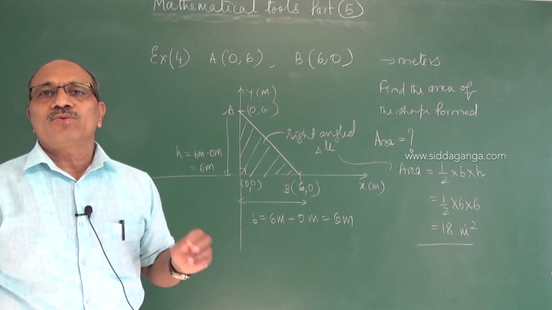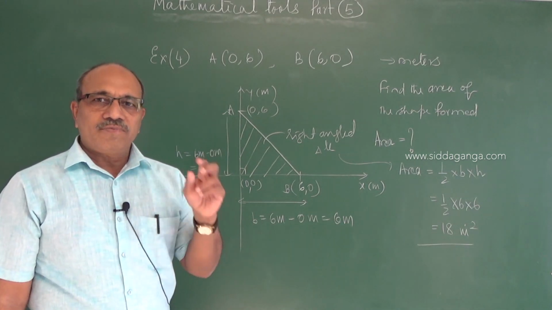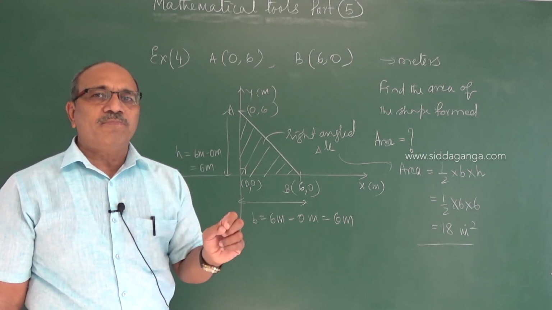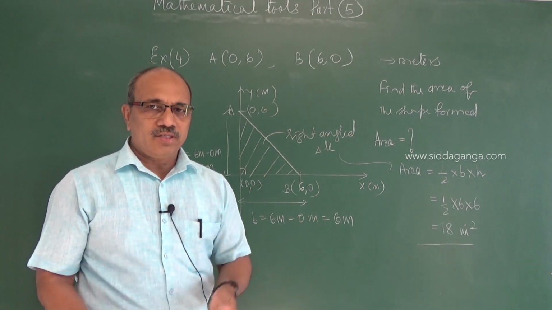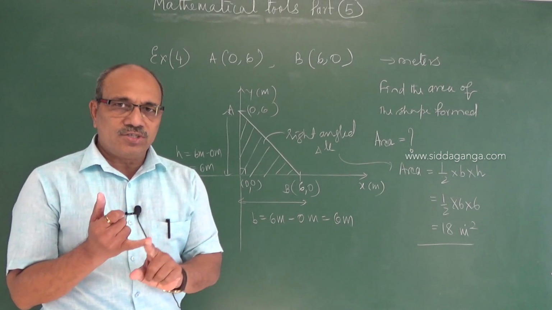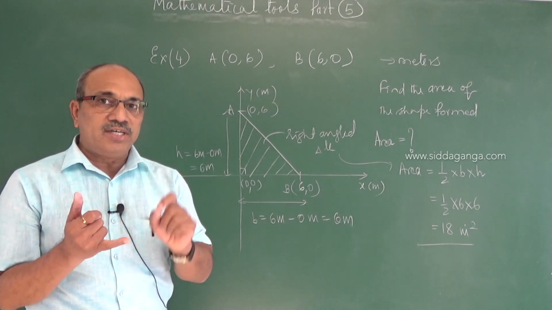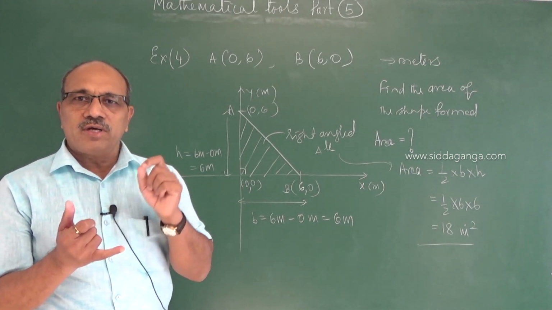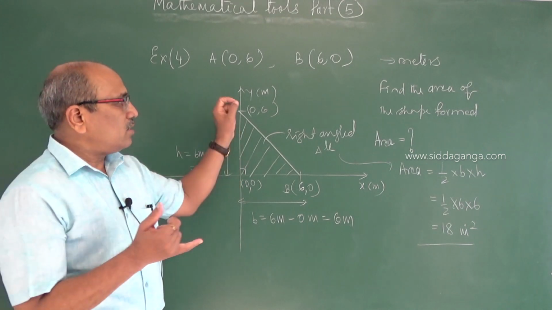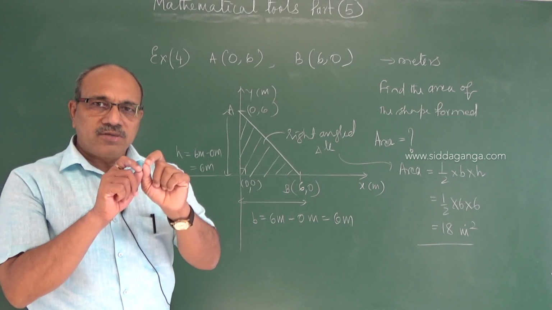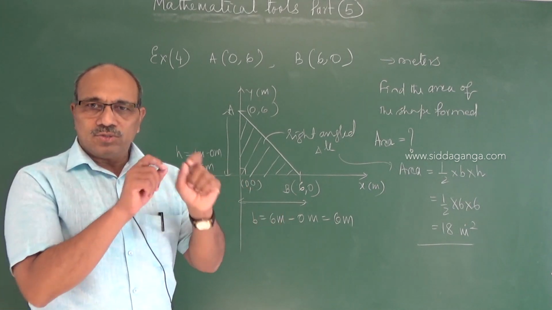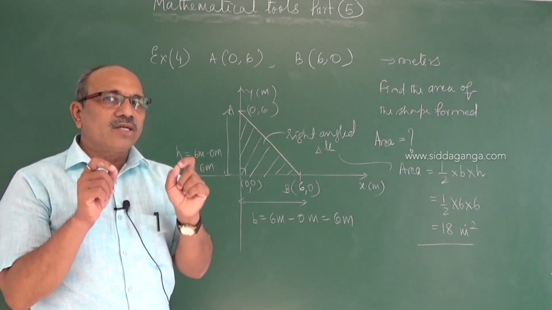This is the most important tool required in physics. If they give the coordinates, first plot the point, draw the curve, get the shape. First, you have to locate the point, identify which quadrant it is in and where it is. After plotting them, you join the points and you will get a shape.